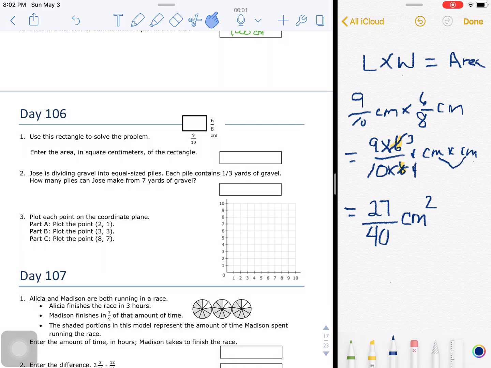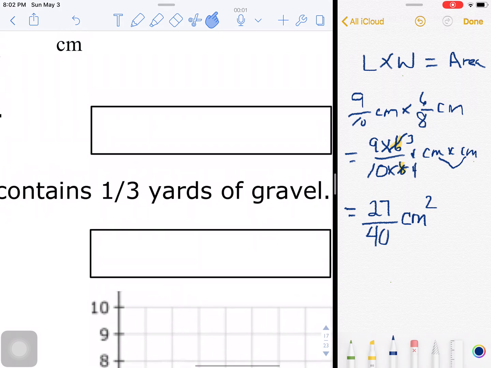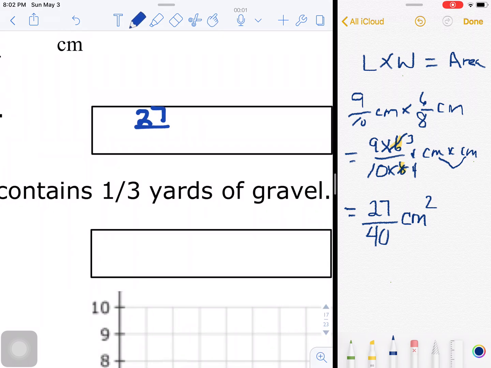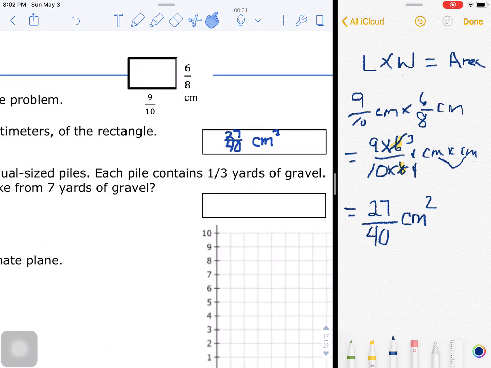So as we go over to fill in our answer, the area of this rectangle is 27/40 centimeters squared.